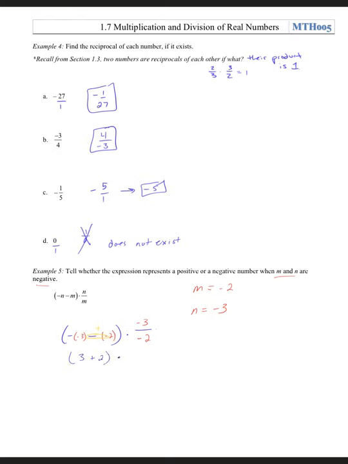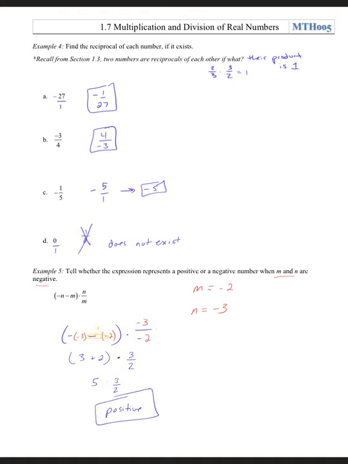And then you're multiplying this by, well, negative 3 divided by a negative 2, well, negative divided by a negative would be a positive. So now you can look to see what this answer is going to give us. A 3 plus 2 is going to be a positive 5 times this 3/2. In the end, we're not concerned with the numerical value. All we know is that your answer here would be a positive value, and that is what we're looking at.